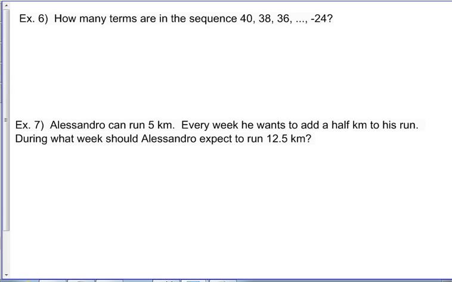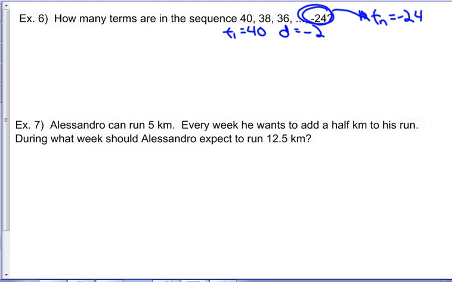So similarly, how many terms are in the sequence? So in this sequence, I'm cataloging what I know. T1 is 40. D, we're going down by 2's, so D is -2. This final term right here, that is the nth term.